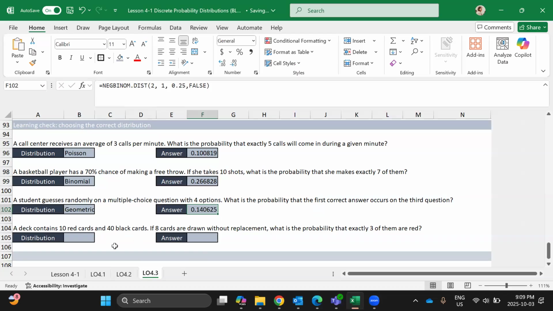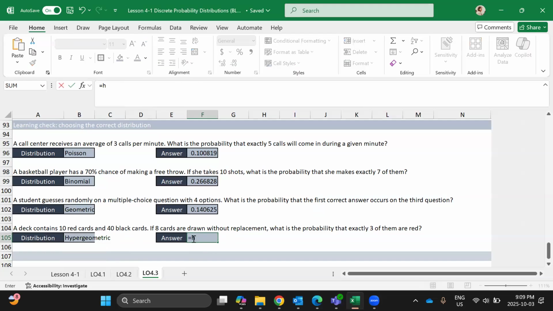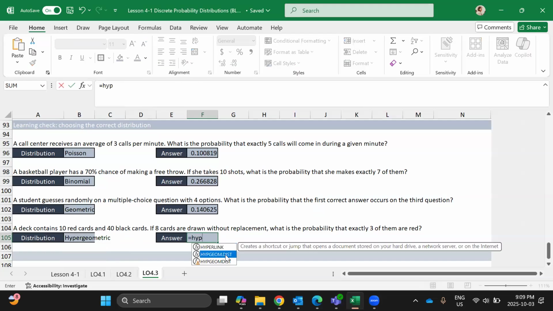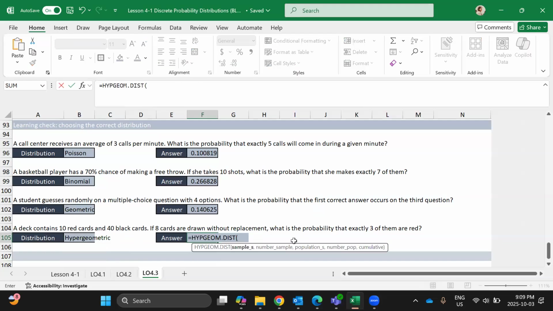And finally, a deck contains 10 red cards and 40 black cards. If 8 cards are drawn without replacement, what is the probability 3 of them are red? So our only distribution without replacement and that you have the population size is hypergeometric. For hypergeometric, it's hypergeom.dist, where we're getting 3 cards and we're picking 8 cards.